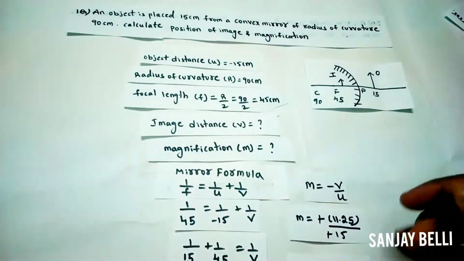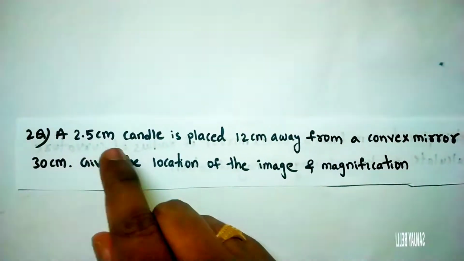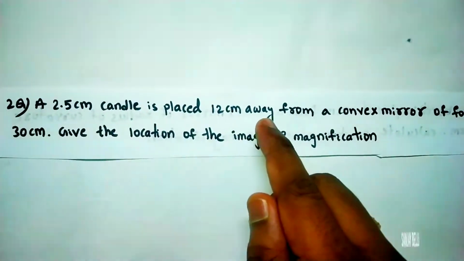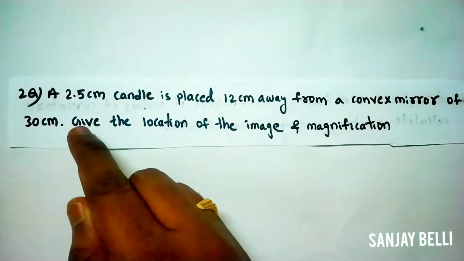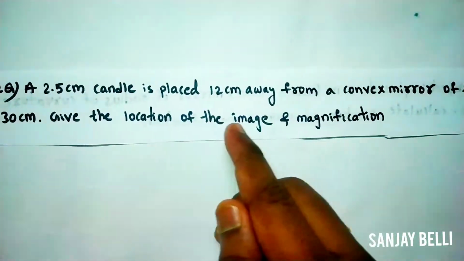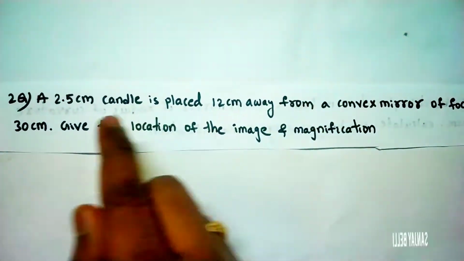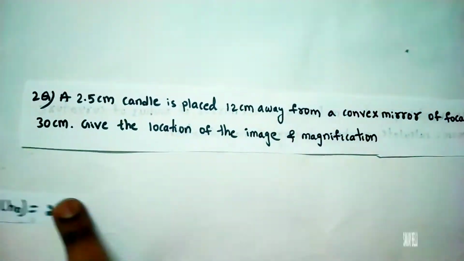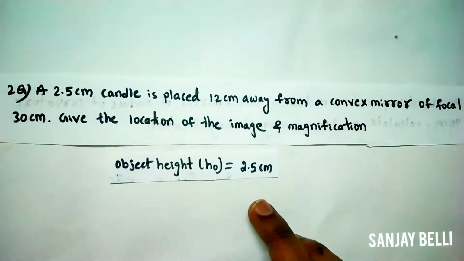Now let me go to your second problem. Second question. A 2.5 centimeter candle is placed 12 centimeters away from a convex mirror of focal length 30 centimeters. Give the location of the image and magnification. So here you see a 2.5 centimeter candle. That means the object height is given as 2.5 centimeters.